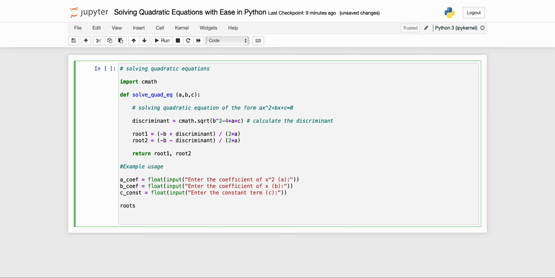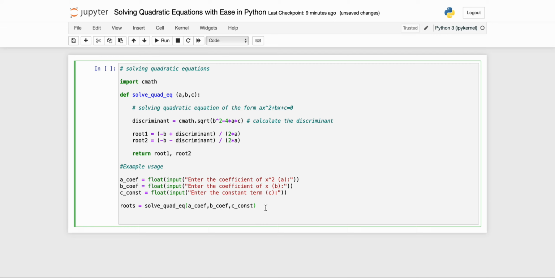This will prompt the user to enter those three parameters, and then we'll print our roots, which are our solution. We call the function we built above, solve_quad_equation, with a_coef, b_coef, and c_constant.